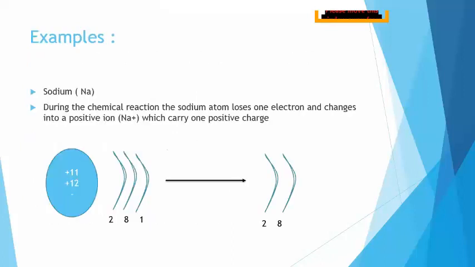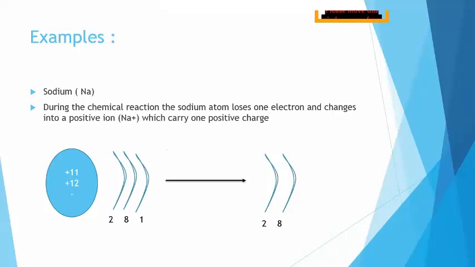For example, sodium Na: during the chemical reaction, a sodium atom tends to lose one electron and is changed into a positive ion, Na+, which carries one positive charge. Concentrate on this point: the number of positive charges is equal to the number of electrons lost during the chemical reaction.